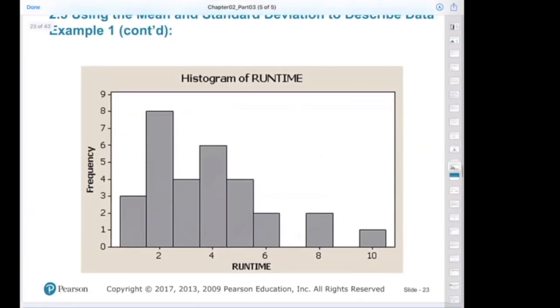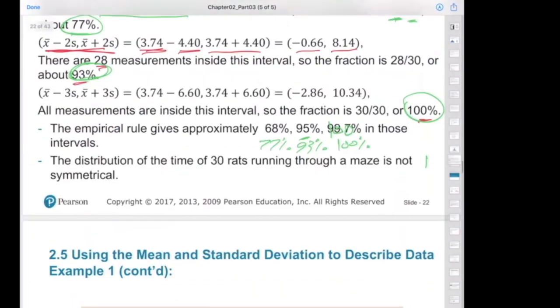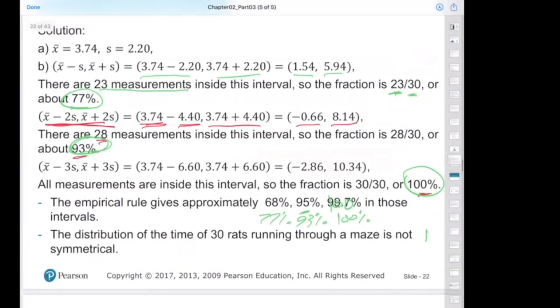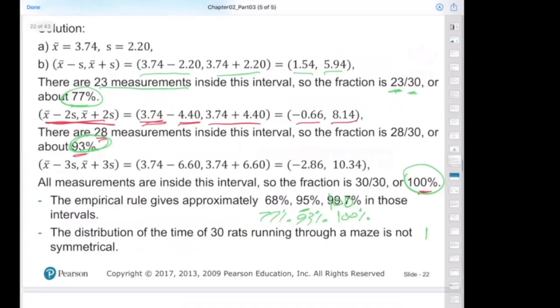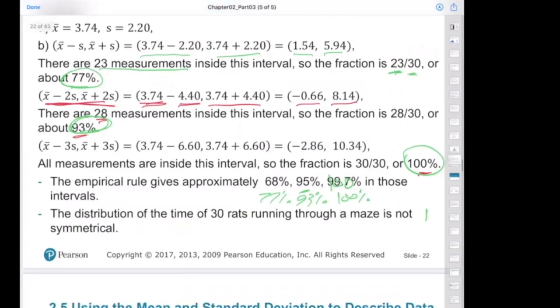So 3.74 is somewhere here. So we can say it's somewhere here. So this is x bar. And the standard deviation, 2.2. Okay. So we have 1.54, 5.9, 1.54.